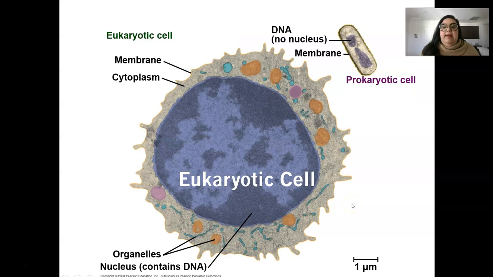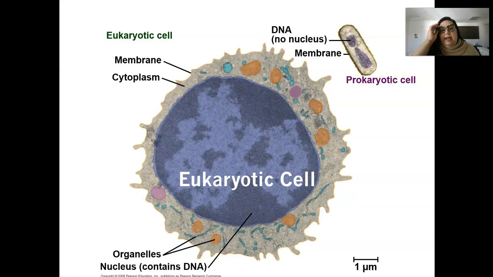This is a picture of a eukaryotic cell showing the size up against a prokaryotic cell. And the main difference between the two cells is the nucleus. The eukaryotic cell has a membrane-bound nucleus, and the prokaryotic cell has no membrane-bound nucleus.